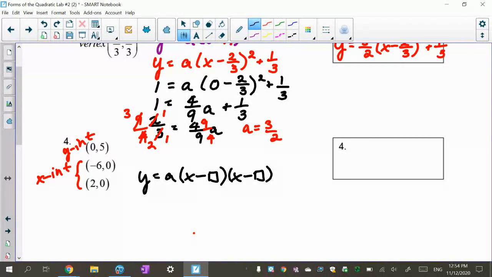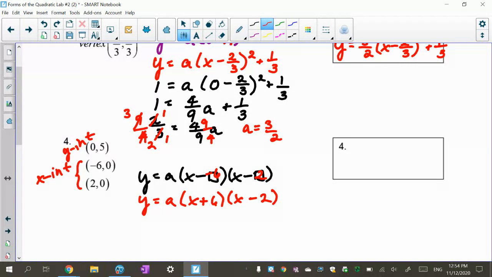And when I go to do this, I'm just going to throw the roots right in there. So I'm going to throw the -6 right here, which changes the sign. I'm going to throw the 2 right here. So I have y equals a(x + 6)(x - 2).